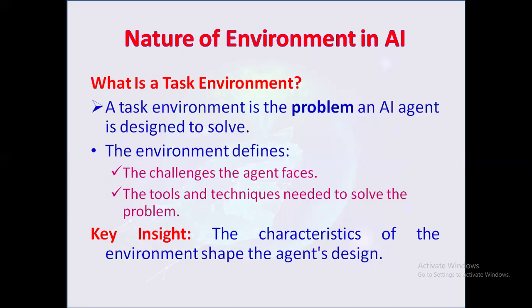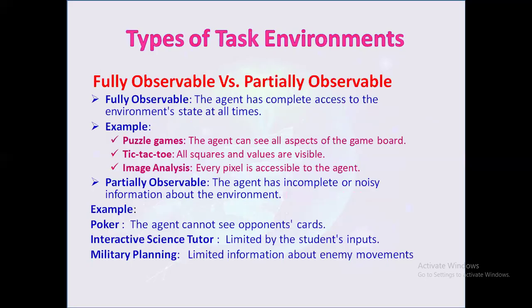Understanding the environment is critical because it dictates how the agent perceives the world, interacts with it, and ultimately solves the problem at hand. Next, we'll see the different types of task environment.